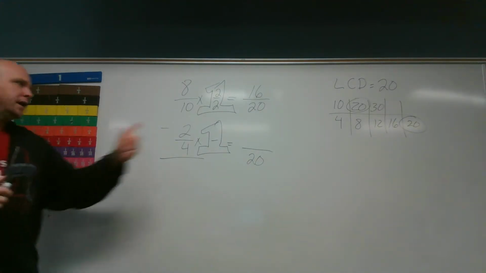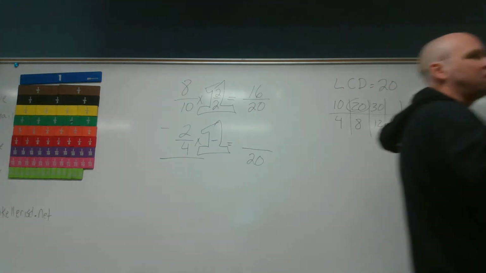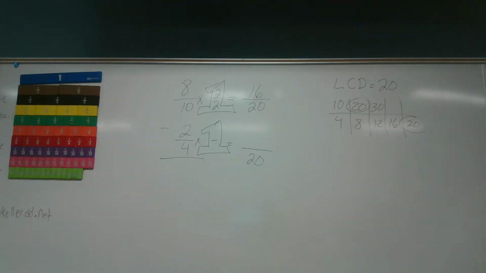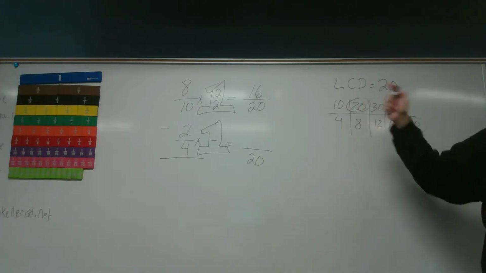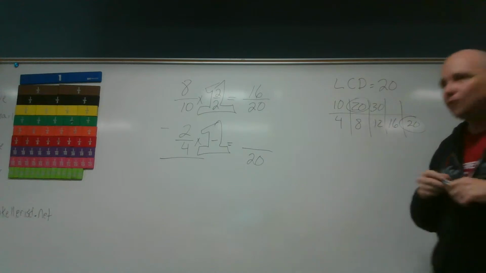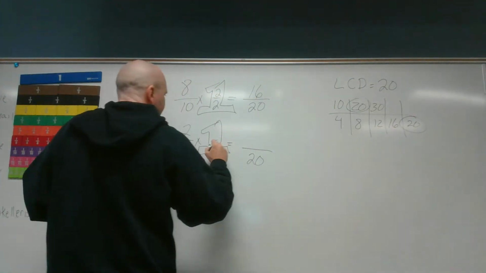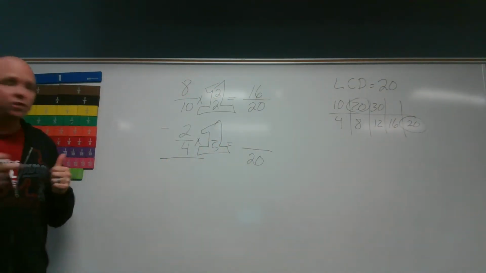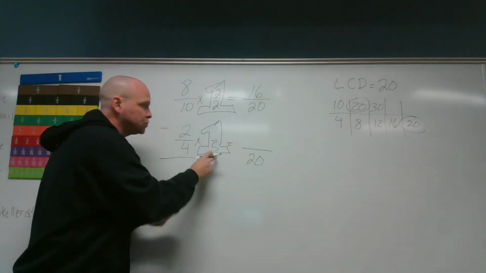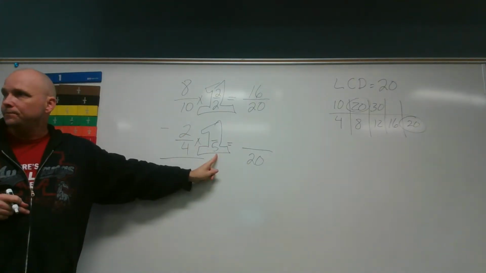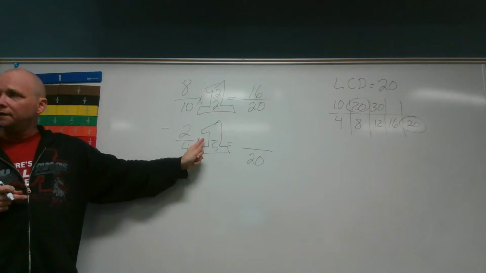Now, we have 2/4, and we need to change that to something over 20. Drew, 4 times what equals 20? 4 times 5. And since I have to multiply straight across, 4 times 5 equals 20. That's how I know my 5 is there. I need my fraction to equal 1.